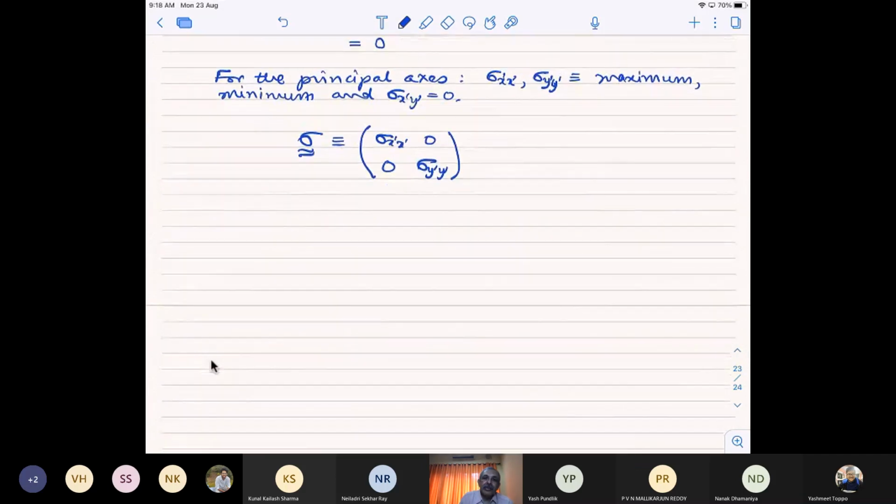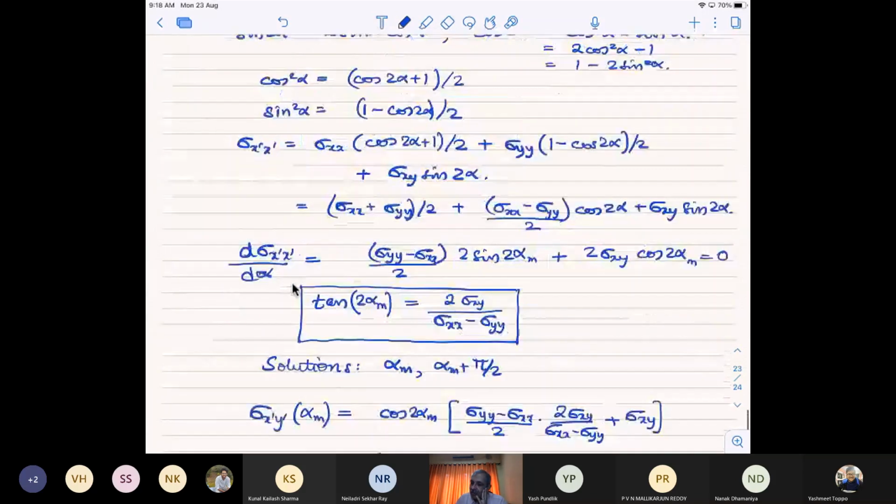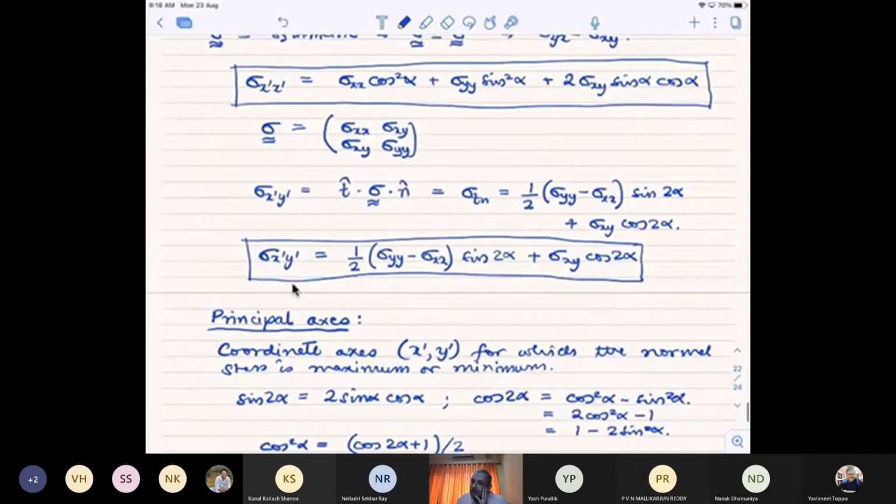So why do we do all this? It'll become clear in a little while. The reason that we want to understand how the normal stress and the shear stress vary goes back to the idea that our stresses in the system are all frictional, and the frictional force is dependent on the normal force and the shear force.